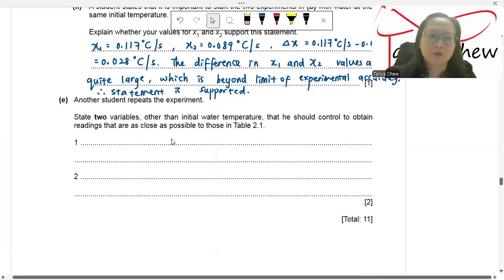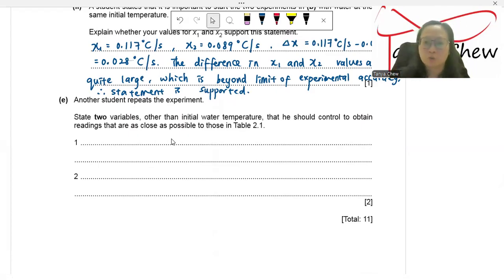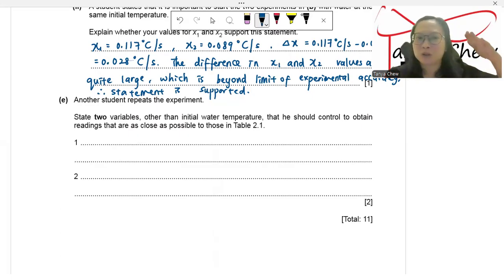Now, E, another student repeats the experiment. State 2 variables other than initial water temperature that he should control to obtain readings that are as close as possible to those in table 2.1. I say that this experiment is being conducted at room temperature, and there is no lid to cover the top of the beaker.